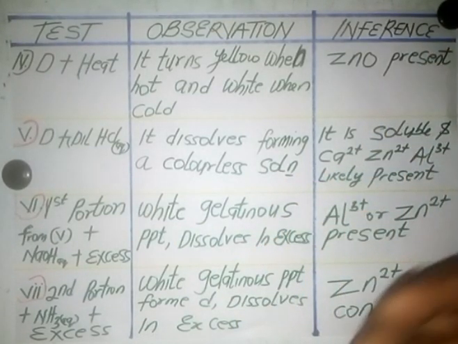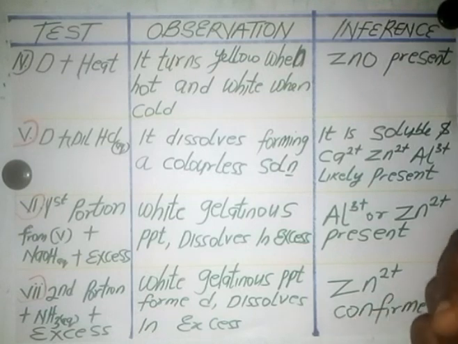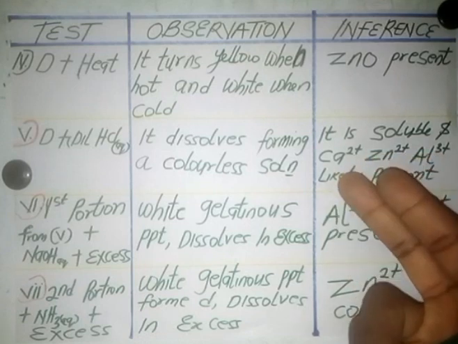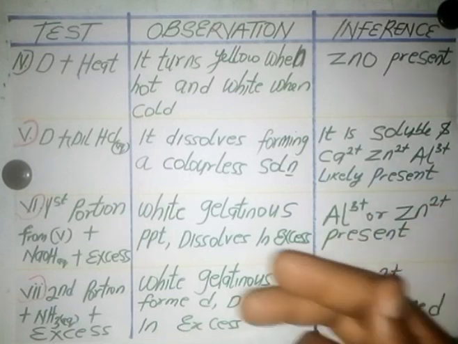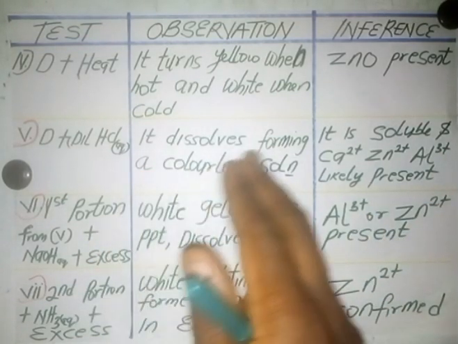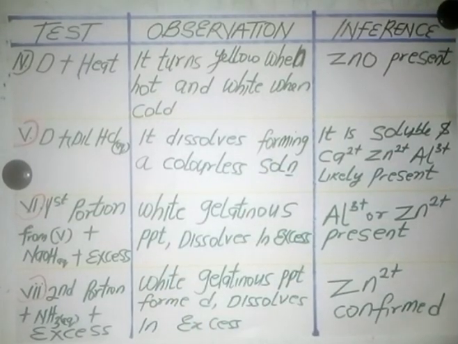And apart from that, the ions likely present will be calcium, zinc, or aluminum ions that can dissolve in acid.